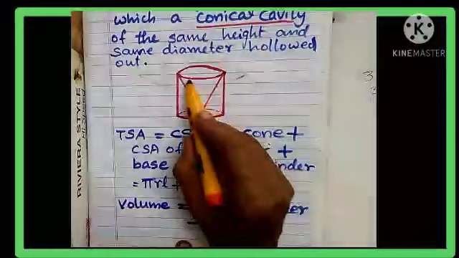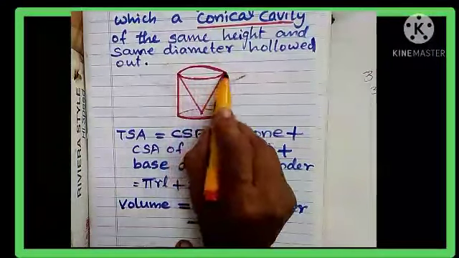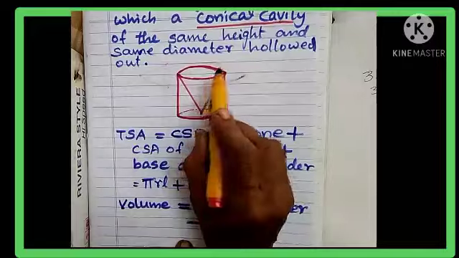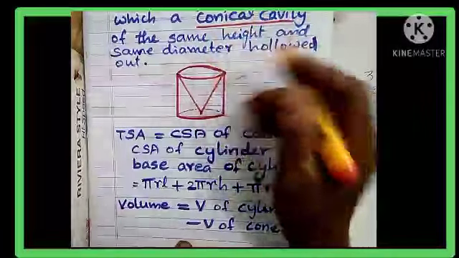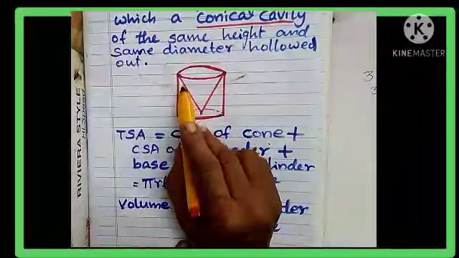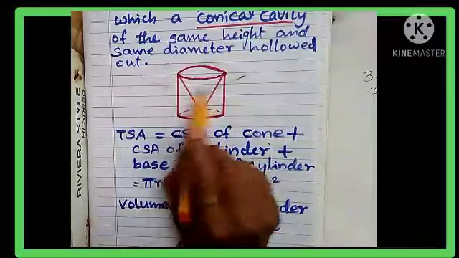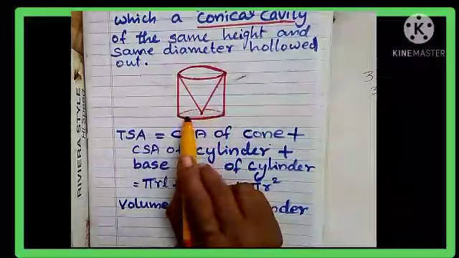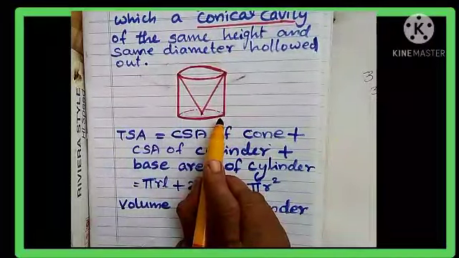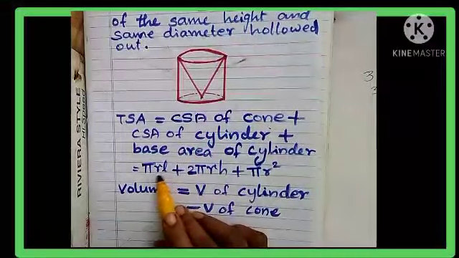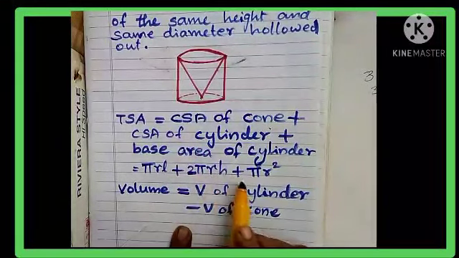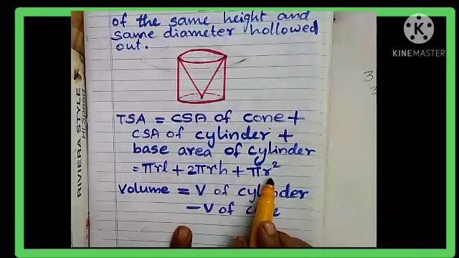Understand? This upper circle we cannot see here because one cavity, one depression is there. Therefore, CSA of the cone plus CSA of the cylinder plus base area of the cylinder. Now, the formula we can say pi RL plus 2 pi RH plus pi R square.